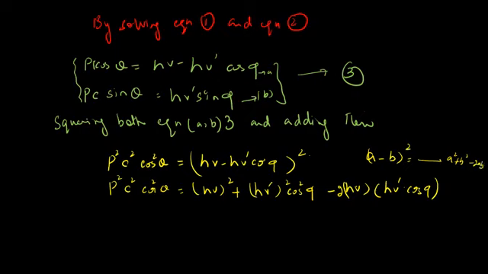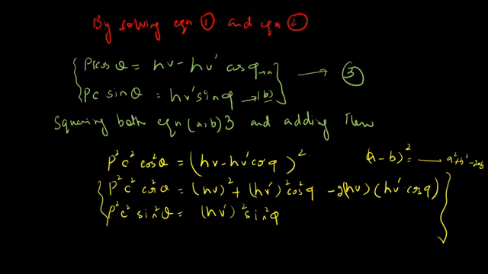When we square equation B we get p square c square sine square theta equals h mu prime square sine square phi. We consider both these equations as our equation number 4.